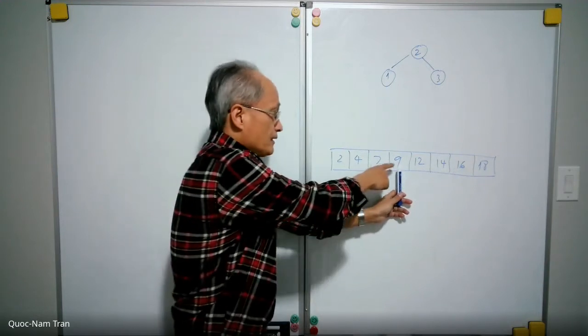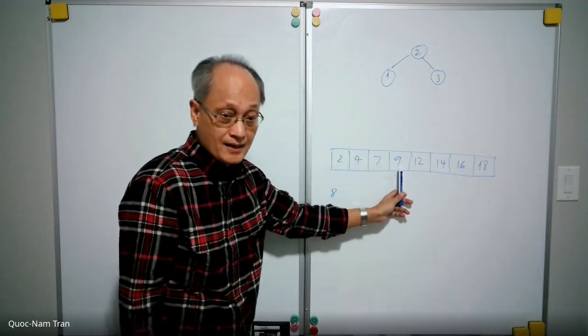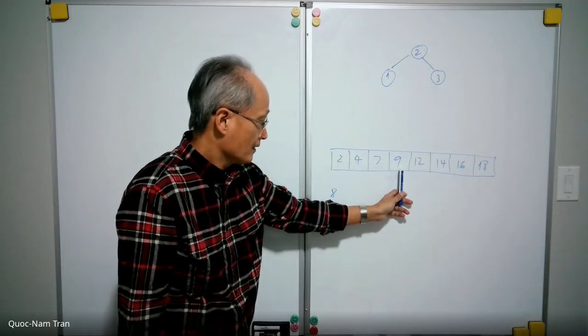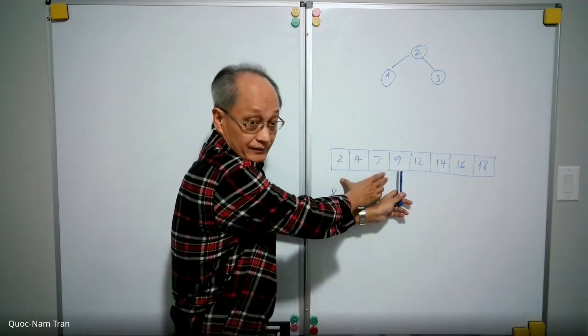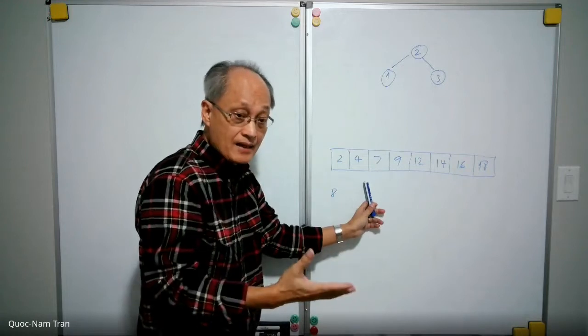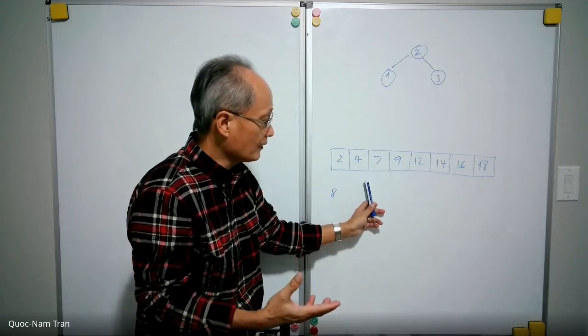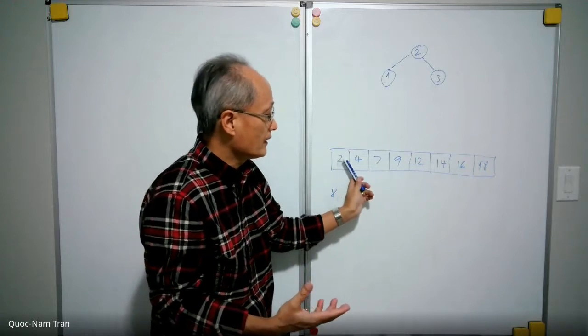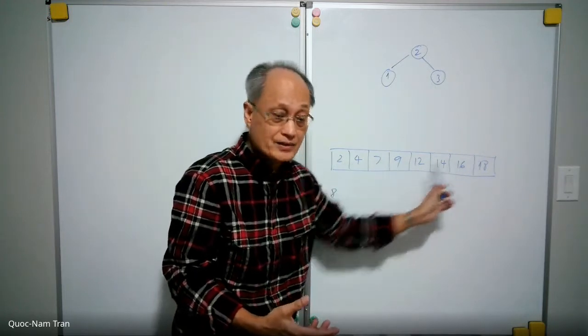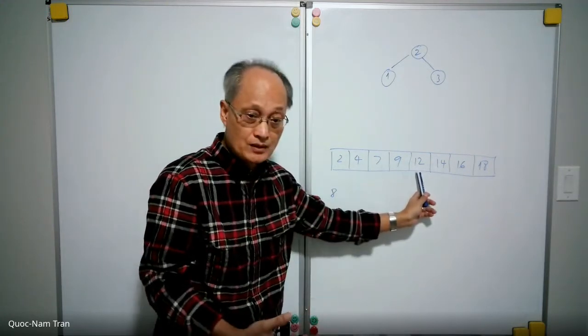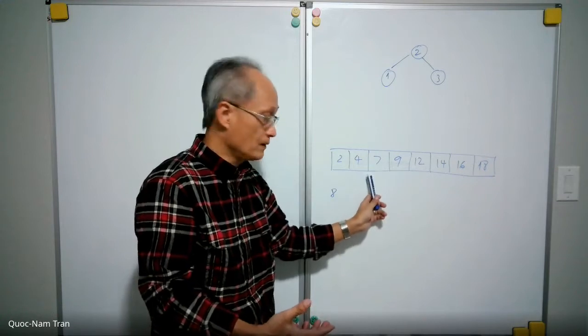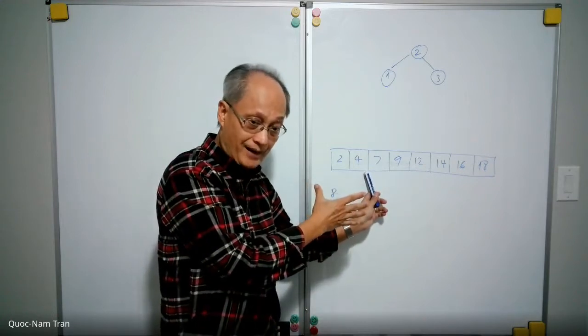If it's smaller than the value of the middle, then we search the left. That is the array, in which we have the indexes of elements, so we know how to jump to the middle, and to the middle of the smaller array, right?